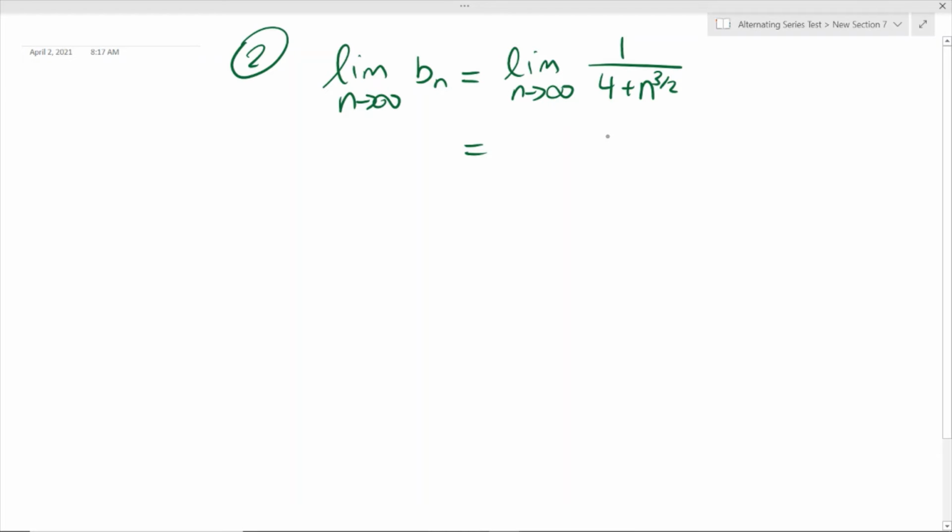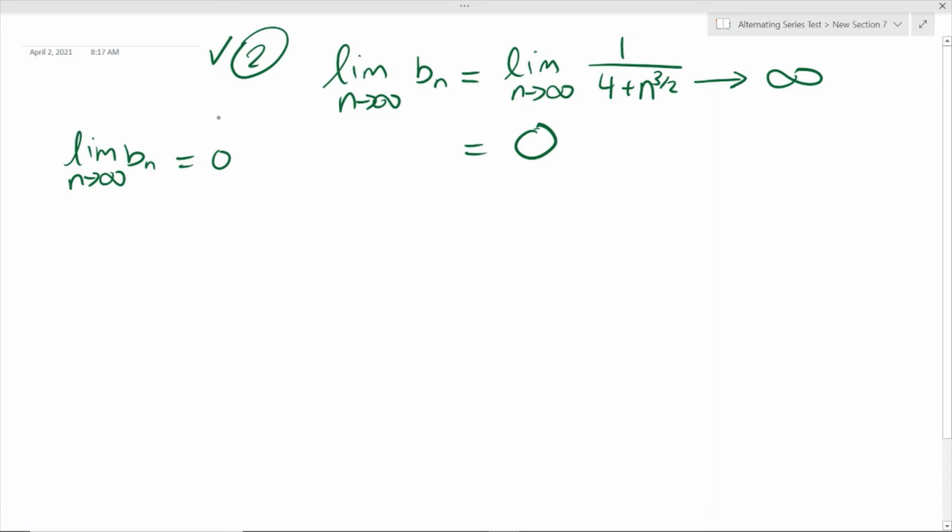When n goes to infinity, this denominator gets really, really big, and compared with the tiny little 1, that means this whole thing is going to go to 0. Since it's going to 0, we have satisfied our second condition, which states that this limit has to be equal to 0.